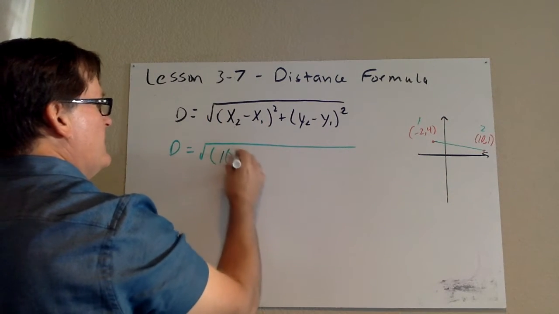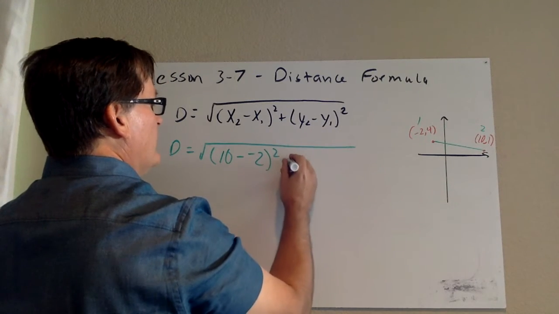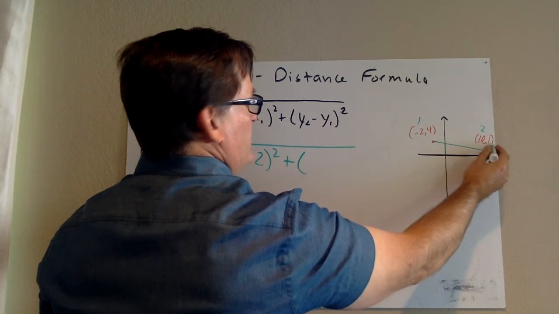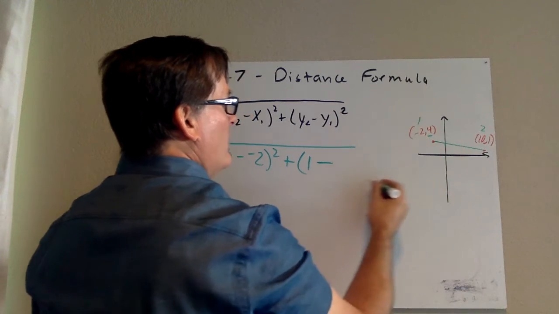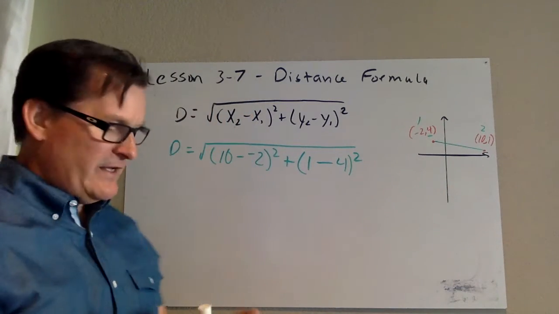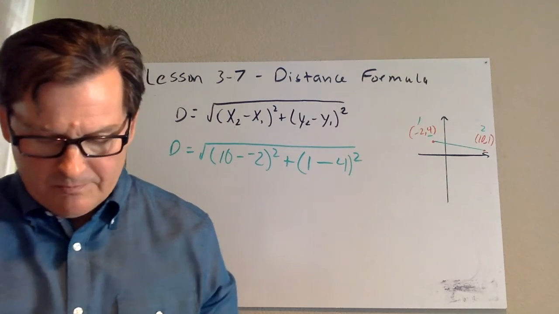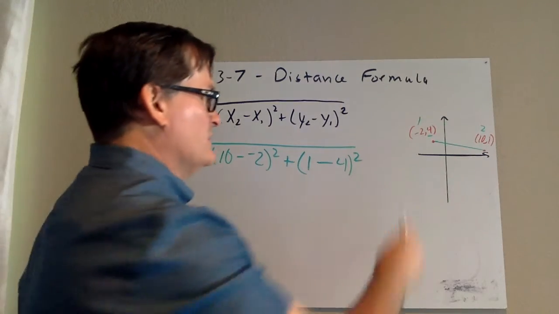So it's 10 minus a negative 2 squared plus, since I called this x2, I have to call this y2. So that becomes my y2 minus my y1, then is 4, and I square that. And because I'm squaring, I end up with no negatives under here, so this is all going to be workable, which is nice. Now everything's picked out as long as we chose well.